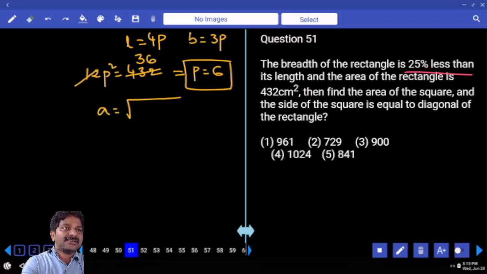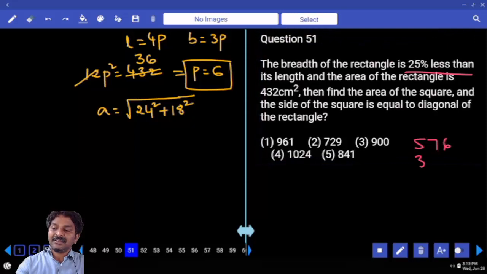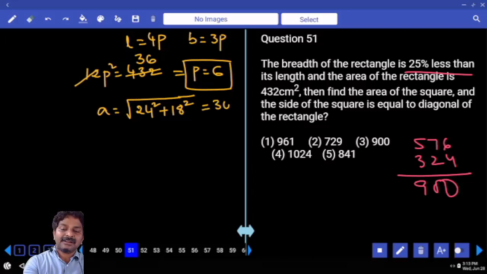What is 1 part? 6. 6 into 4, 24 square, plus 3 parts, 18 square. 24 square is 576. 18 square is 324. Total 900. Under root of 900, 30. Correct. And A square is equal to 900 only.